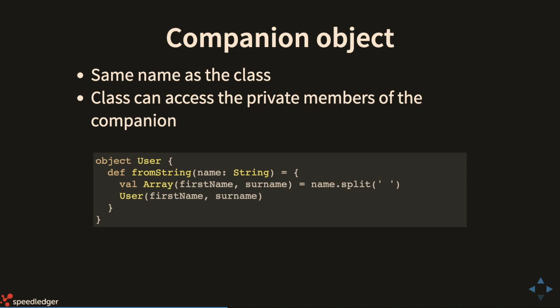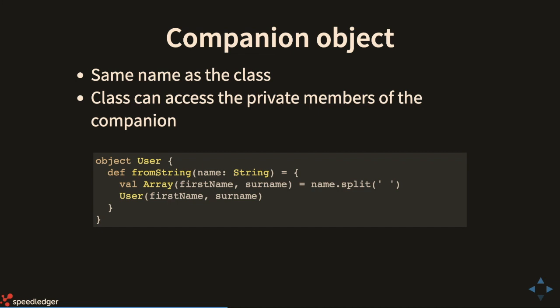The companion object, which I didn't mention, but the apply method goes in the companion object, and the companion object has the same name as the case class. And in this case, I added a definition for fromString, but I could have renamed it to apply as well. If you add several apply methods which accept different arguments, then you can use any of them when you want to instantiate the class. In this case, we accept the name as one string, and then we split it on space so that we get the first and last name.